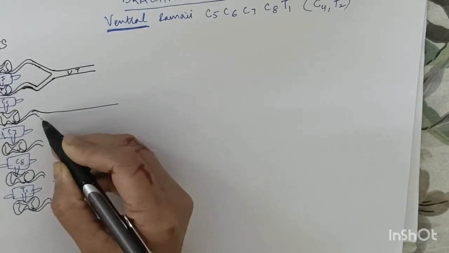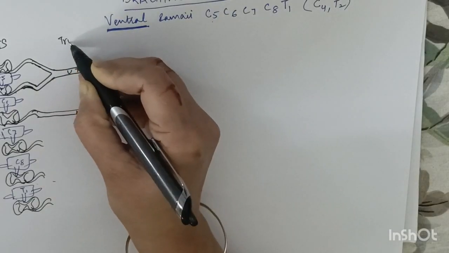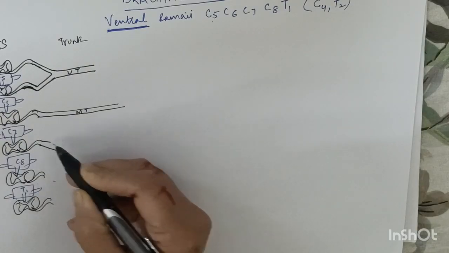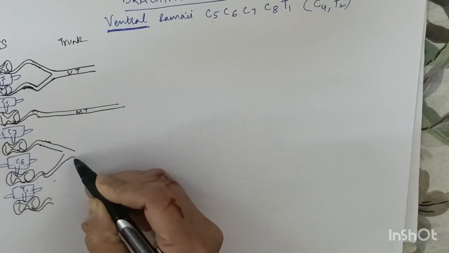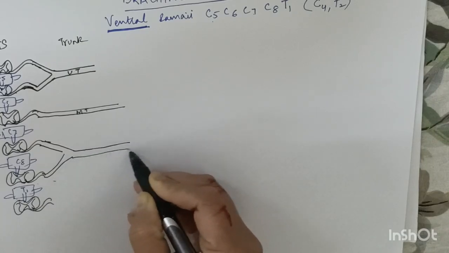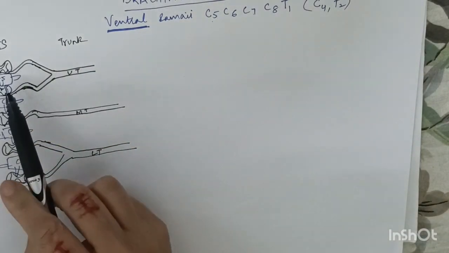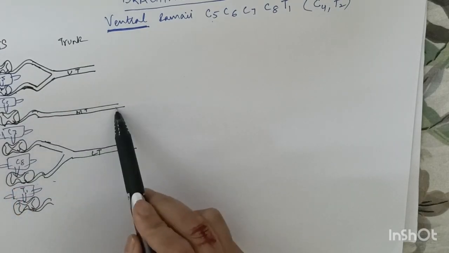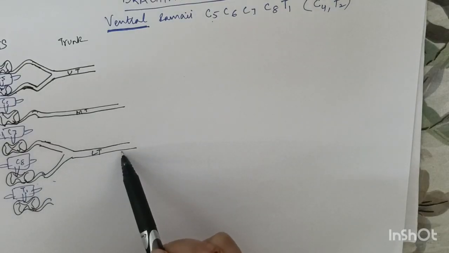C7 will be alone. It forms the middle trunk. C8 and T1 will form the lower trunk.